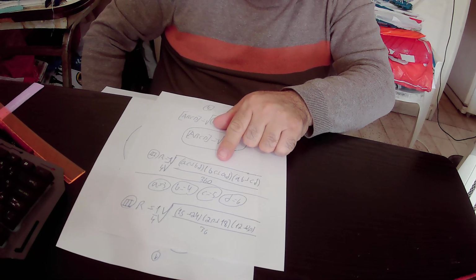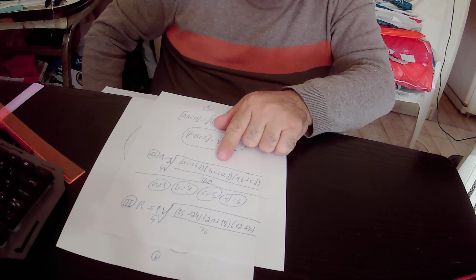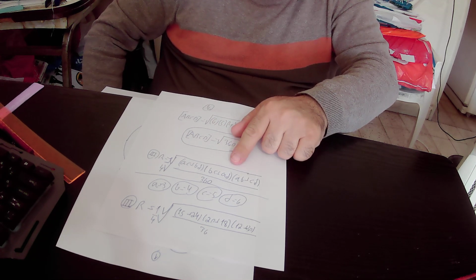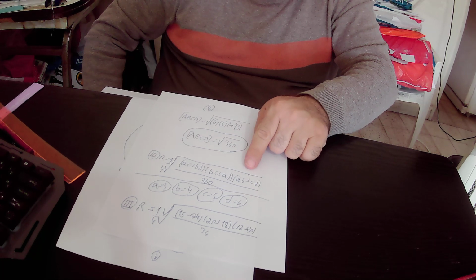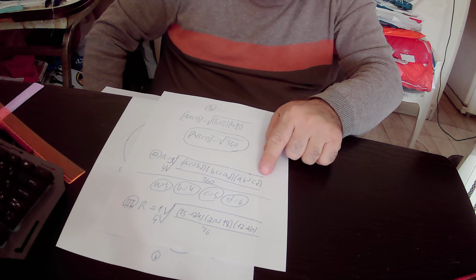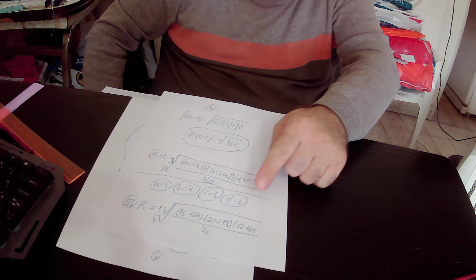B is 4 and C is 5, so BC is 4 times 5, which is 20. A is 3 and D is 6, so AD is 3 times 6, which is 18. And here A is 3, B is 4, so 3 times 4 is 12. And C is 5 and D is 6, so 5 times 6 is 30.